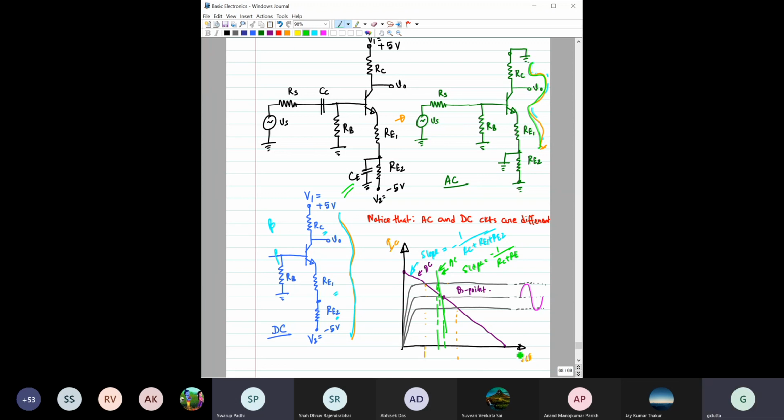You can see the slope will change right here because RE1 is there and RE2 is not there. So that way, you should consider the AC load line to find the voltage swing at the output, not the DC load line, if you are doing it graphically.